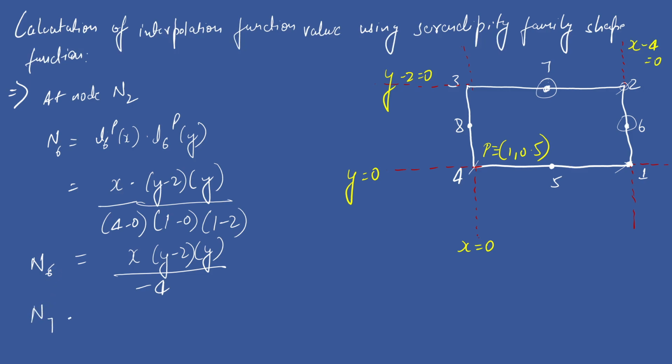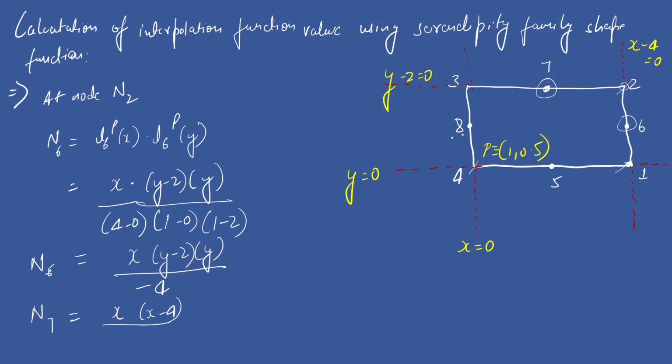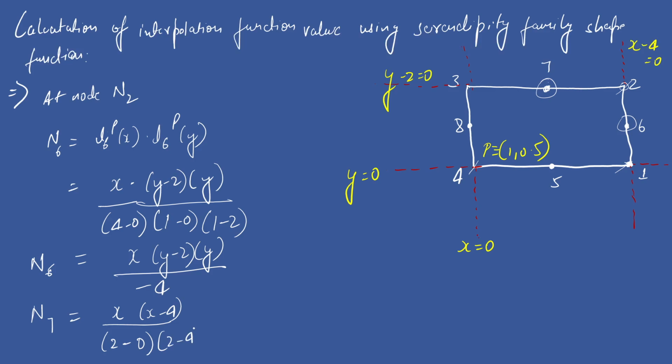Now similarly, N7 will be calculated like this. For N7, your x is this, and then you are having x minus 4, your xi minus xj. Your xi, x coordinate of this part is 2. So 2 minus xj, how much is this? 2 minus 0, and then you are having 2 minus 4.